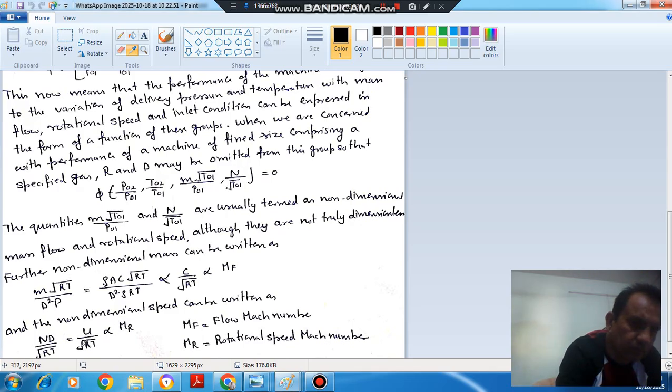This is also speed, because RT has the dimension of speed squared, so root RT is speed. So C by root RT is the flow Mach number, and this is the rotational Mach number, equal to the rotational speed. The two Mach numbers are the flow Mach number, where C is the speed of flow, and the rotational Mach number, where U is the speed of the turbine or compressor.